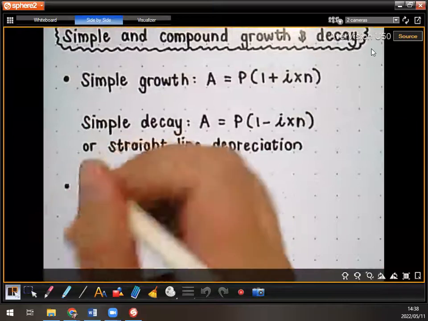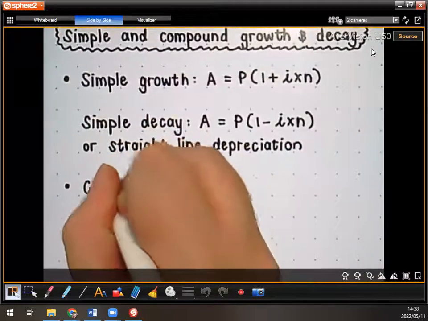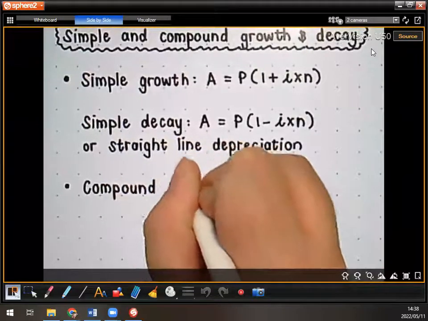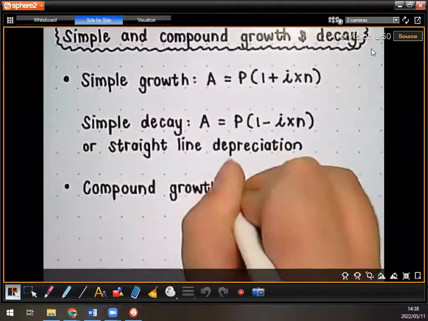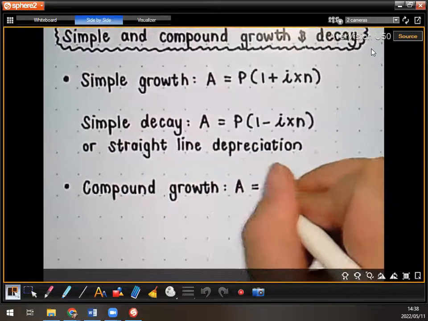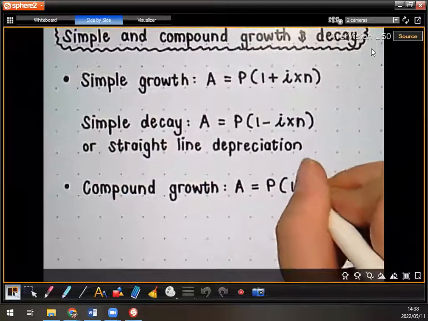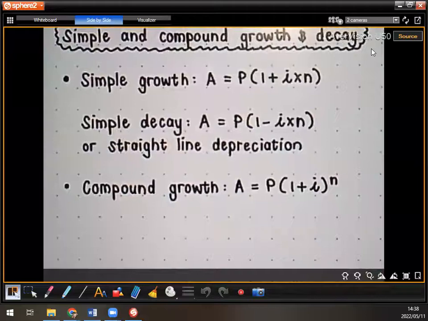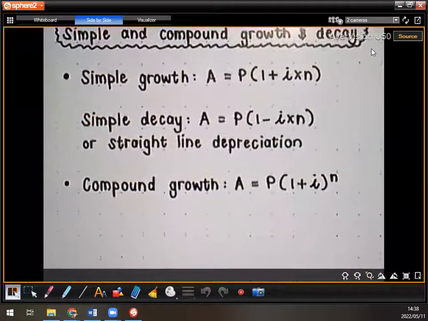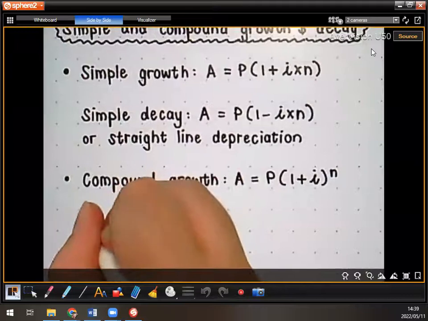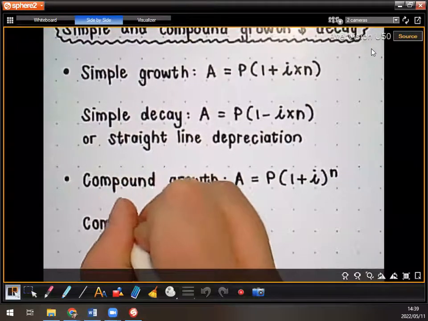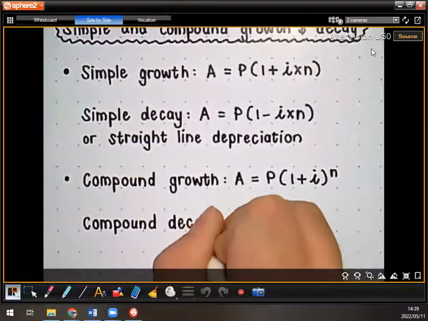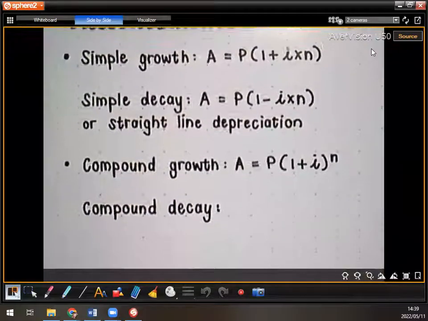Okay, then compound. A is equal to P bracket 1 plus I to the power n. And then when you're doing compound decay, all right, what the depreciation method is called as well.